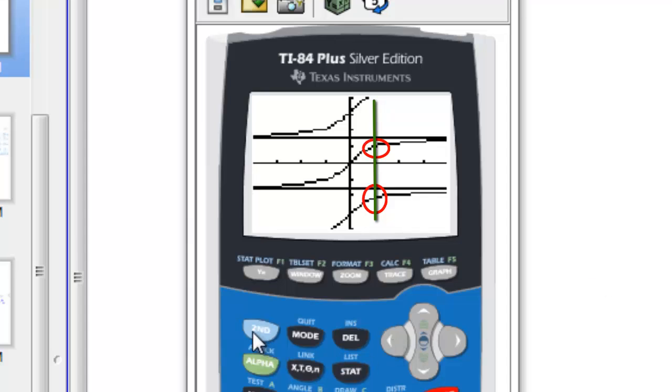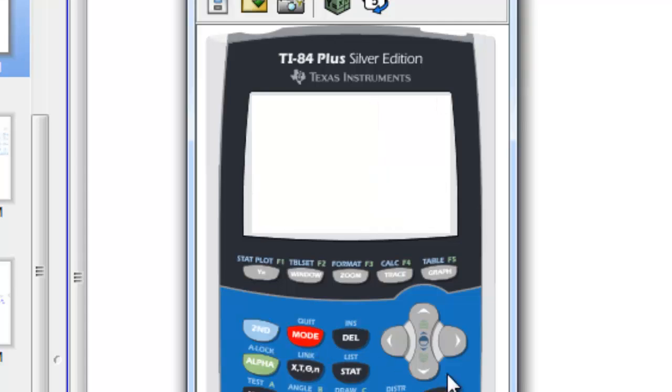But if I actually ask for the inverse tangent on the calculator of 1, I only get one answer. What the calculator does is it chooses a value off of what we call the principal branch, because with that one value, we can then determine the other y values based on the pattern of the individual trigonometric relation.